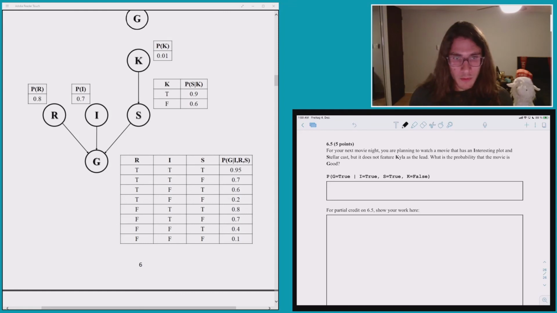I believe it would be a worthy exercise for you to verify: is G conditionally independent of K given S? I know I mentioned this earlier for a different problem. By Bayesian assumption that should be true, but this is a good place to practice your d-separation skills in order to verify.